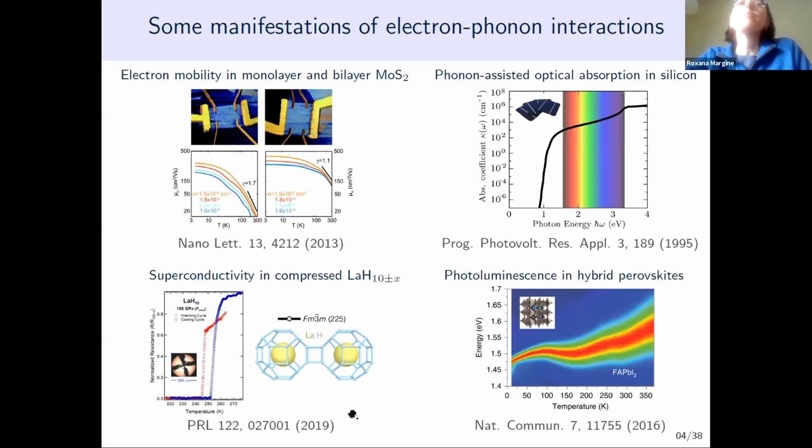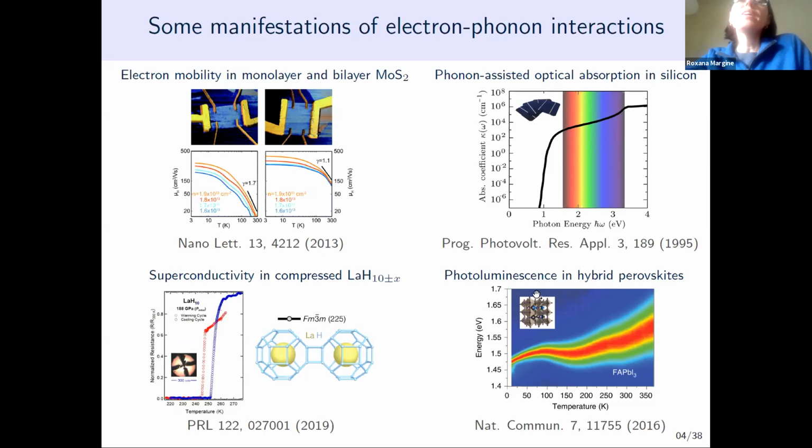All these properties are essential when we want to design materials that will underlie future technologies, including solar cells, touch screens, superconducting cables, and other devices.